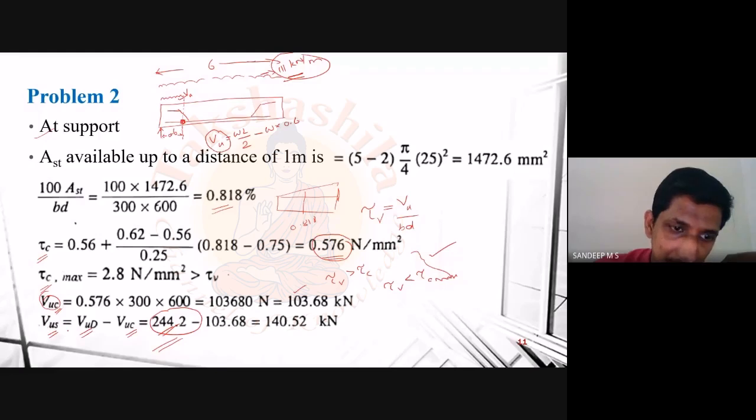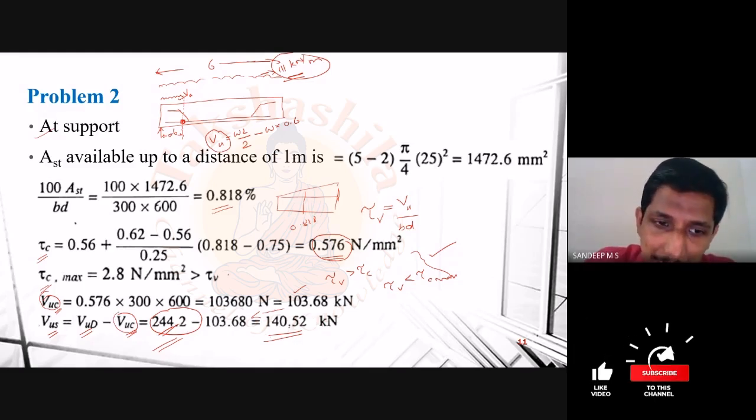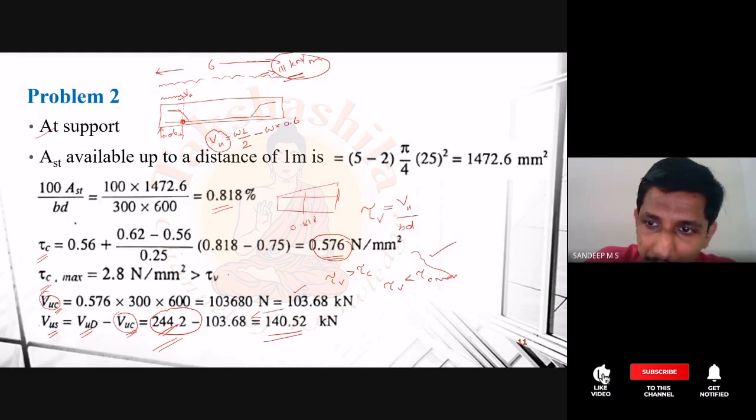Therefore, VUS is equal to the amount of shear force in total we have minus the amount of shear force that is taken up by my concrete section. So 244.2 minus 103.68, which is obtained from here. After substituting that, I can see that the net amount of shear force I should resist with the help of stirrups and bent up bars is 140.52 kilonewton. So we have to perform the shear design for this load. Is that clear? Any doubts?